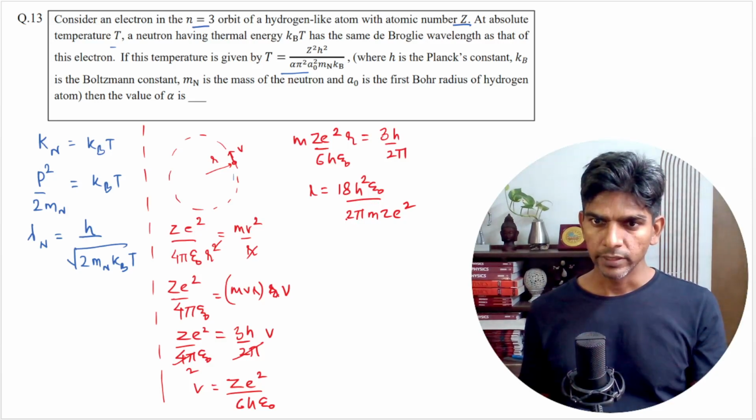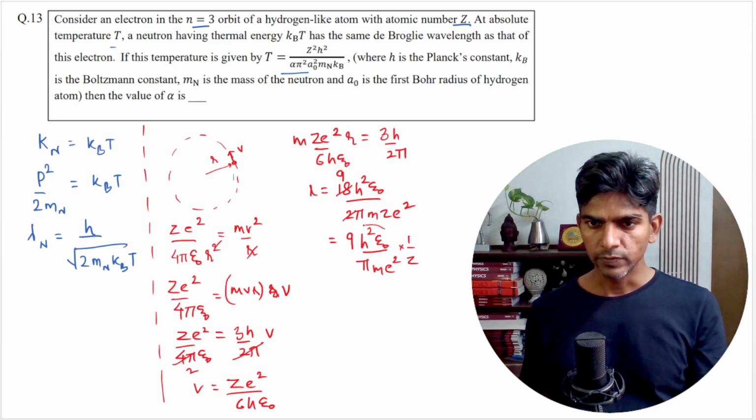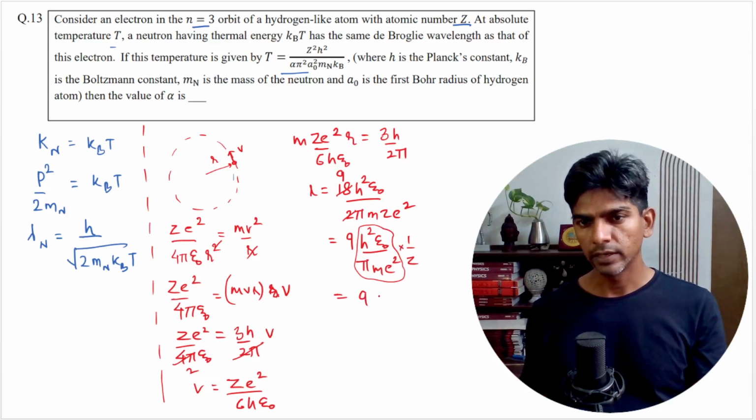And this can be written as, so this will be 9. So it comes out to be 9 h square epsilon naught divided by pi m e square, and then we have 1 by Z. Now this factor is nothing but the first Bohr radius. So it will be 9 a naught by Z, so that is r.